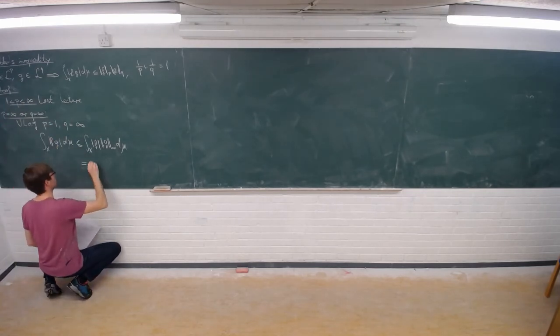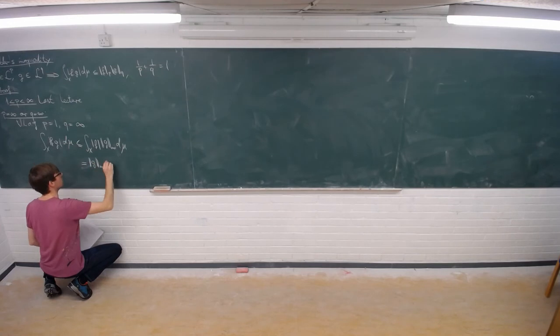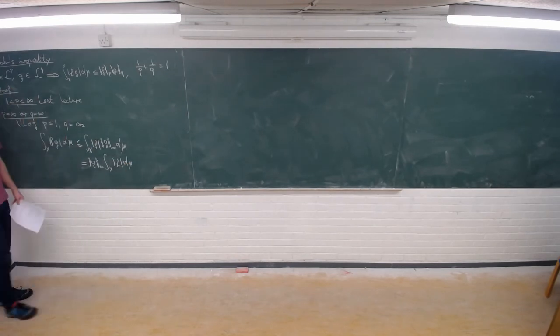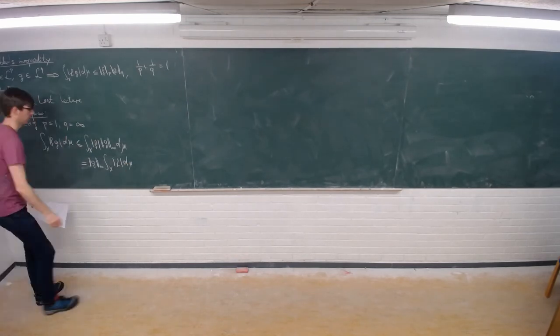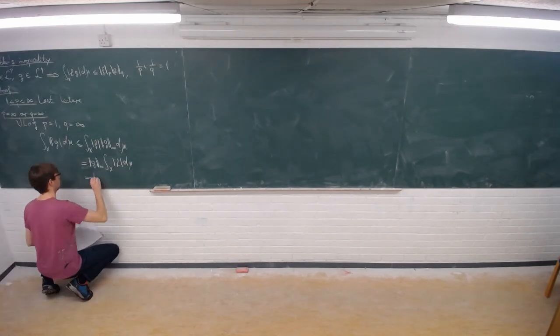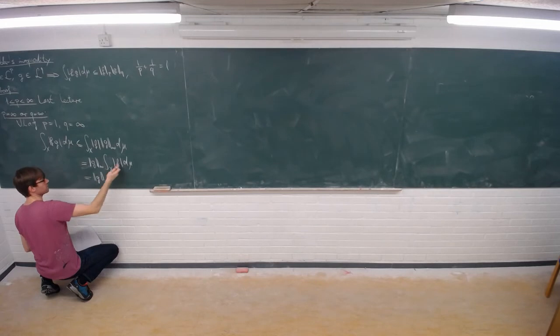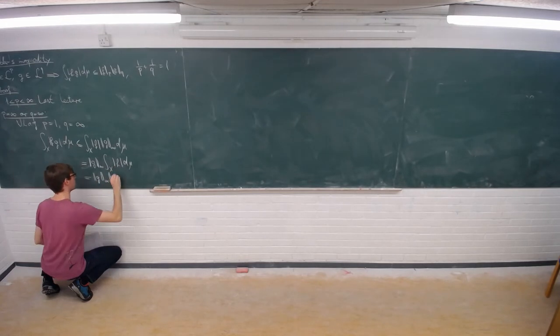So this is the same as the infinity norm of g times the integral of the absolute value of f d mu, but this is just the infinity norm of g times the L1 norm of f, right?